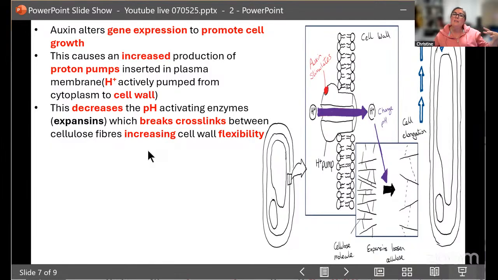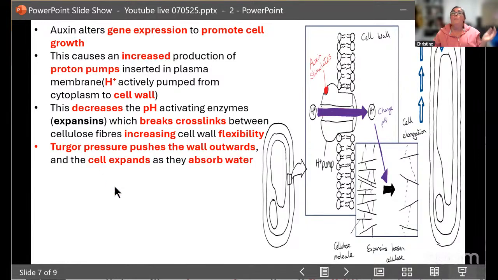That's going to make the cell wall more flexible. If it makes it more flexible, more water can actually be absorbed. That's therefore going to result in the turgor pressure pushing the walls outward. The cell expands, and as the cell is expanding, that is elongating the cell. So when we talk about promoting cell growth, that's what we're talking about.